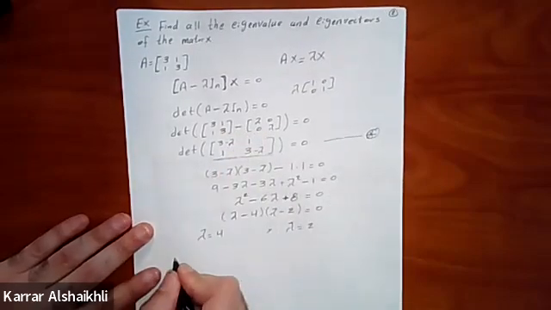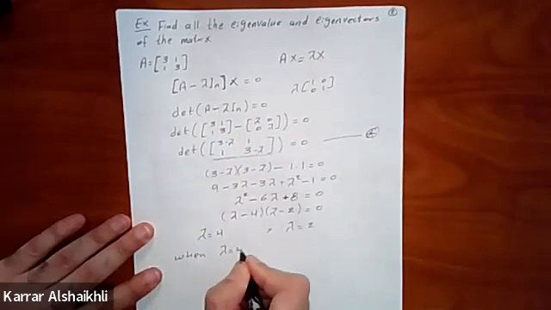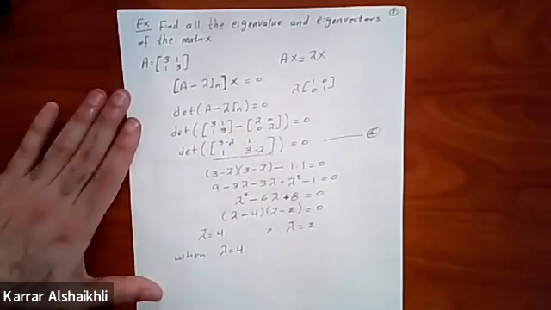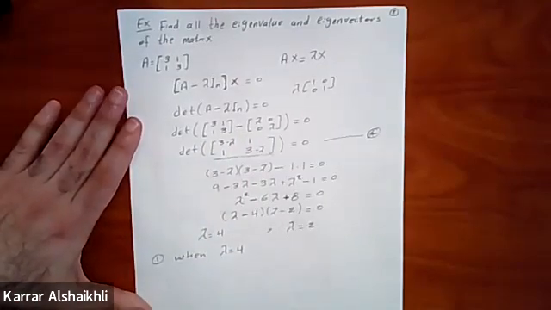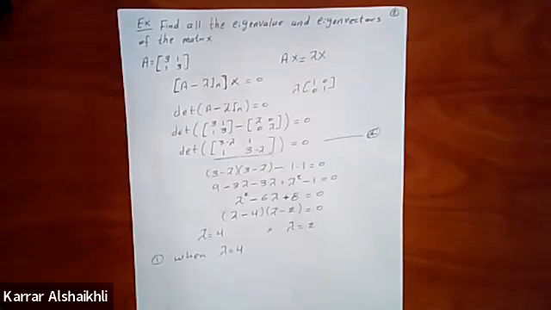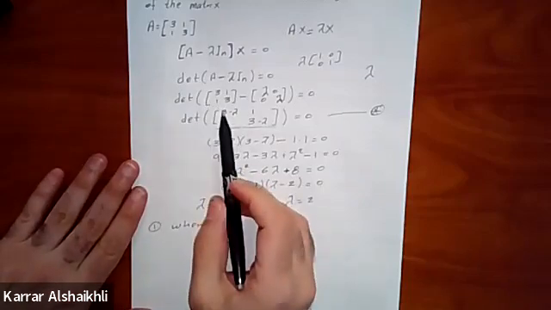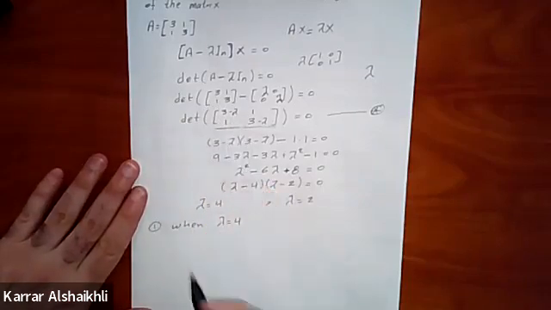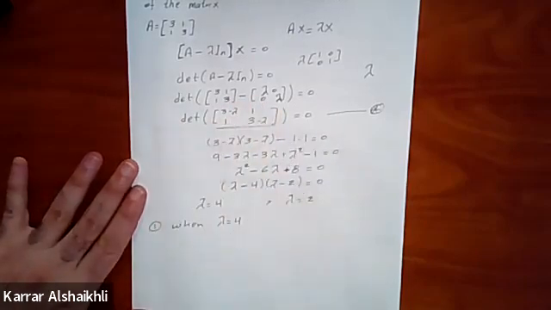So when lambda equal 4, this is the first one. When lambda equal 4, I'm going to plug in 4. Go back here and I'm plugging 4 here instead of the lambda without the determinant, because I just need to use this matrix here.